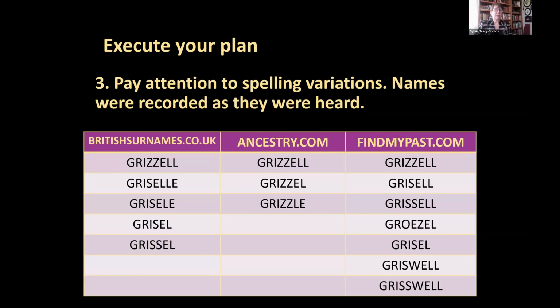I tend to glance at those, and then I record things on a spreadsheet. So I do things my own way, sort of. But it can give you some alternate spellings, and take those to heart, because the spelling was written down the way the recorder would have heard it and interpreted that information. So it's not always going to be the name or the spelling you anticipate.